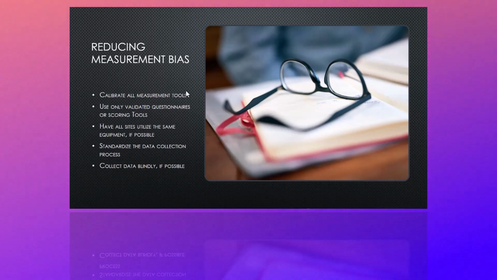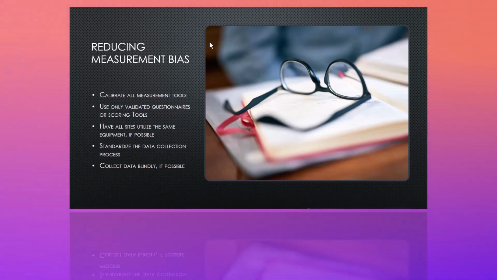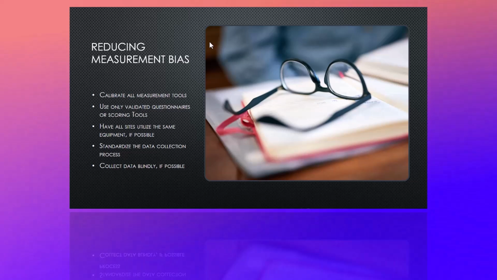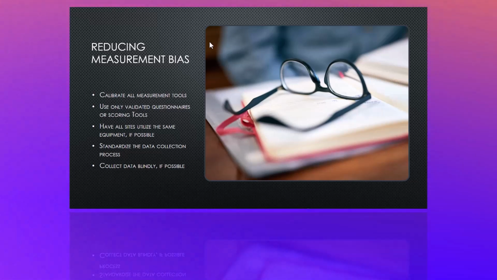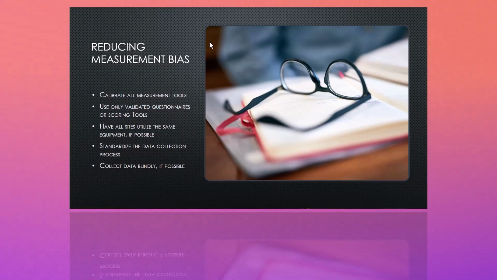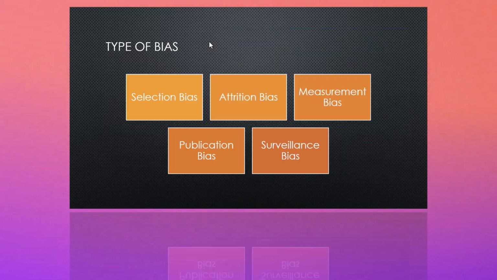If possible, it's good to have all sites utilize the same equipment. Data collection should be standardized. There should be a protocol on how to collect that data. And as we talked about, ideally that data collection is blinded. So those collecting the data do not know what subject group they're collecting.